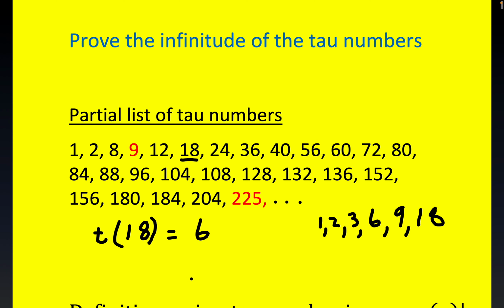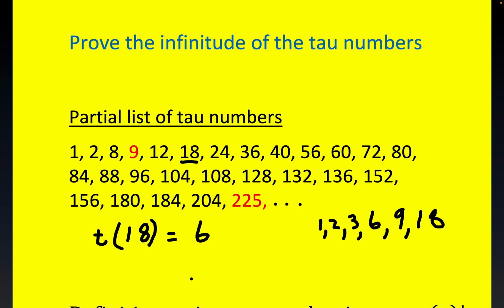Now, another way to do this that's very convenient is to consider the prime factorization of this. In other words, let's say tau of 18 is equal to 2 to the first power times 3 squared, right? 2 times 9 is 18.